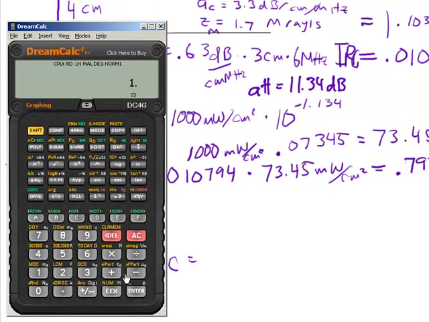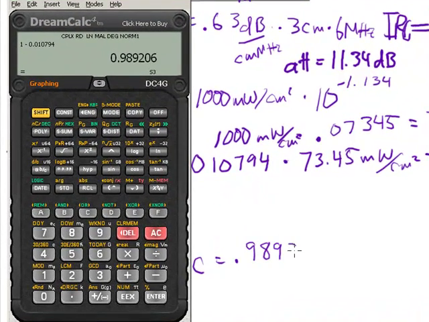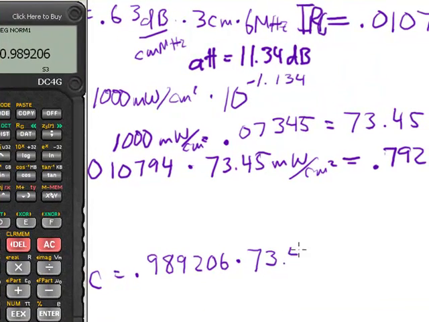So if I take 1 minus 0.010794, that's equal to 0.98926, and I'm going to be multiplying by my other number, the intensity of the wave incident at that interface, 73.45 milliwatts per square centimeter.